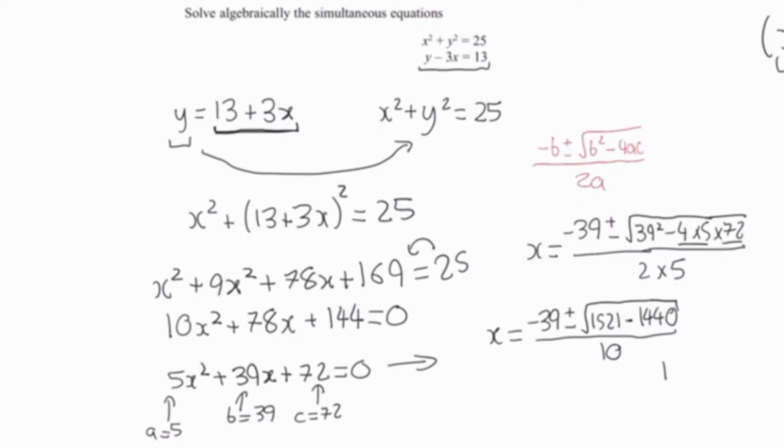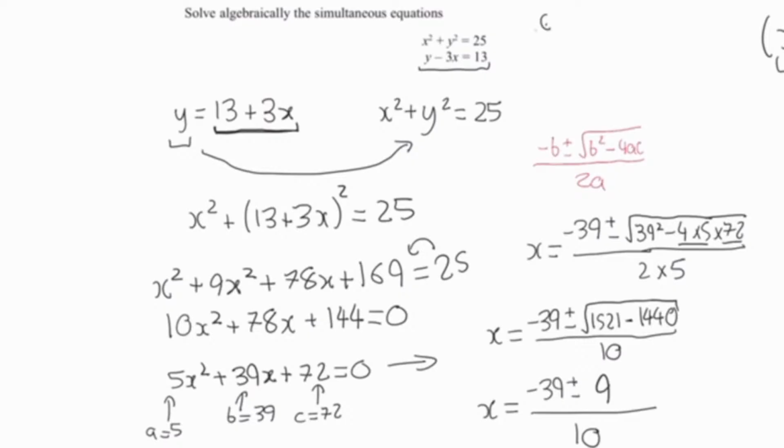Now what we have is just a matter of simplifying this. So this will be the square root of 81, divided by 10, and I'm sure you know the square root of 81 is just 9, so we're going to replace that with 9.